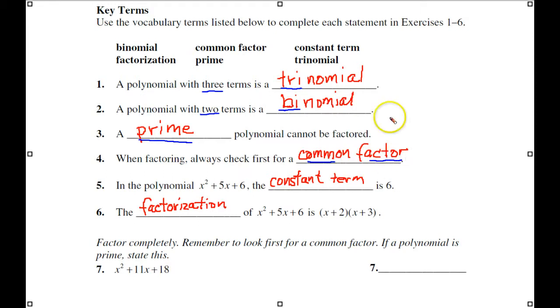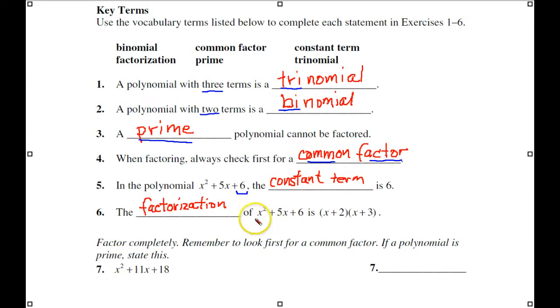We've been working on that a little bit already. And as I mentioned just a few moments ago, this last term in standard form is considered the constant term. Remember, it's ax squared plus bx plus c. C would be the constant term.